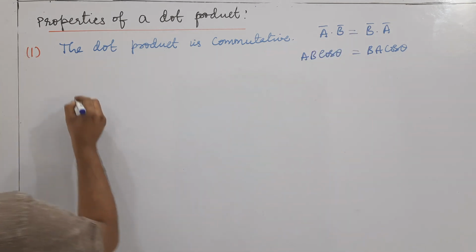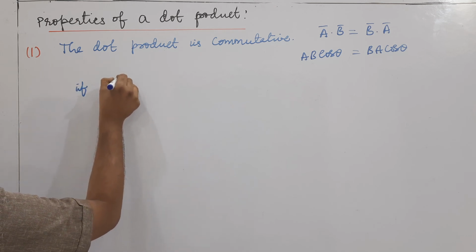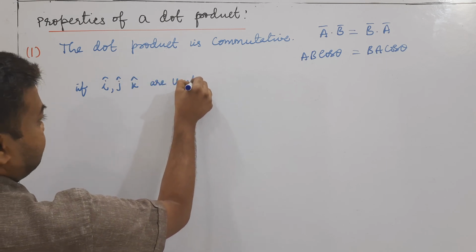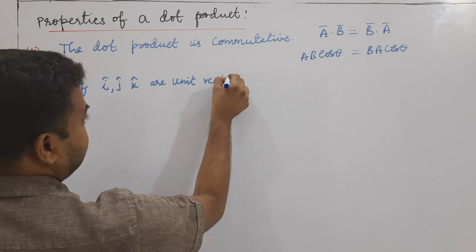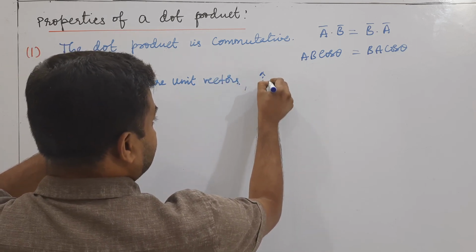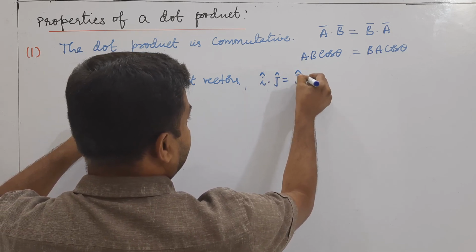If i, j, k are unit vectors, then we can write i bar dot j bar is equal to j bar dot i bar.